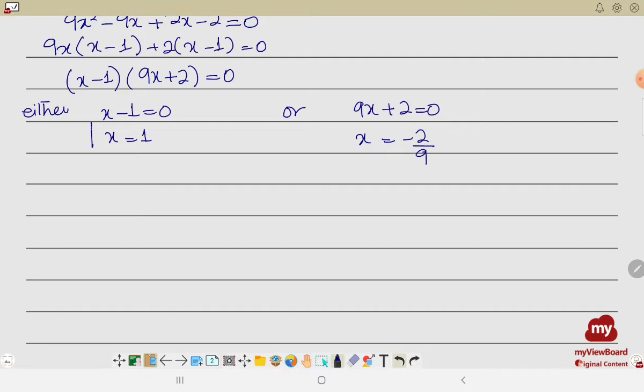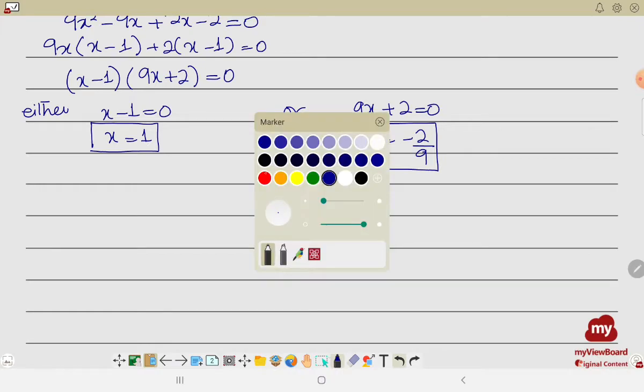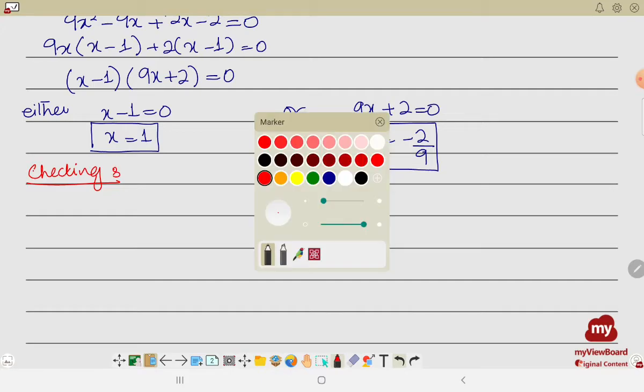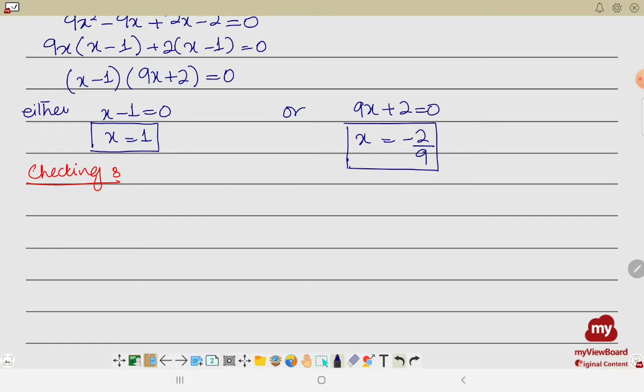Before writing down the answer in the solution set, the process which is required is the checking process. So now we are going to do the checking. One by one we'll insert the values of x into the given equation. What was the given equation? Let's write it first: square root of x plus 3 is equal to 3x minus 1.